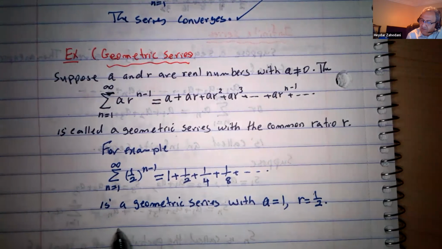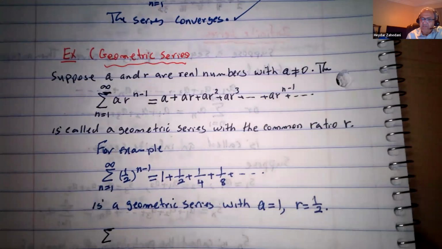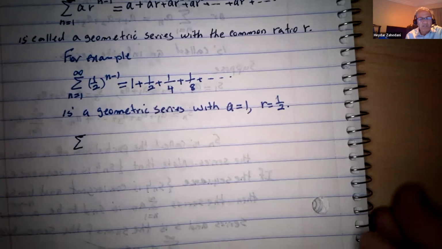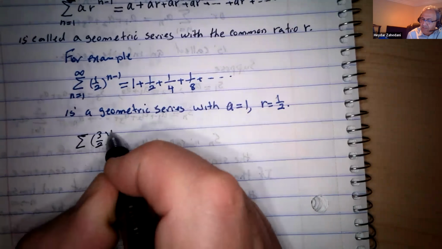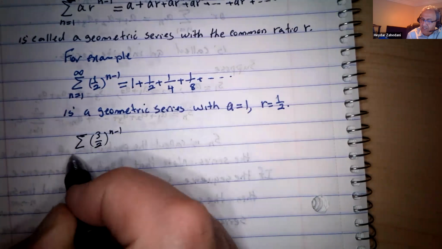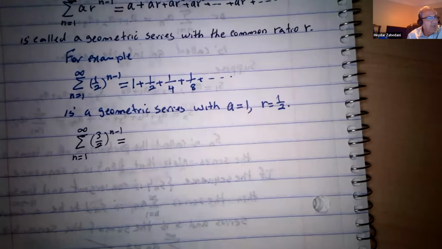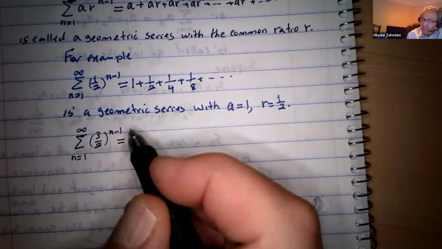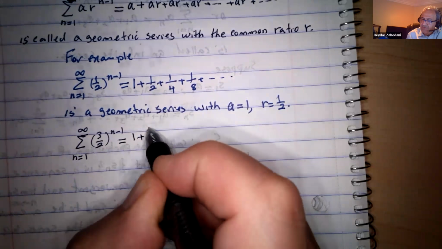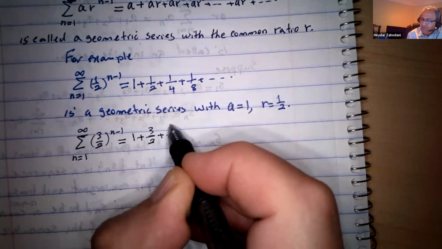Okay, give another one. You may have something like sigma of (3/2) to the n minus 1, n from 1 to infinity. Again, the first term, when n equals 1, 3/2 to the 0 would be 1. Then 3/2. Then you square it, that gives 9/4.